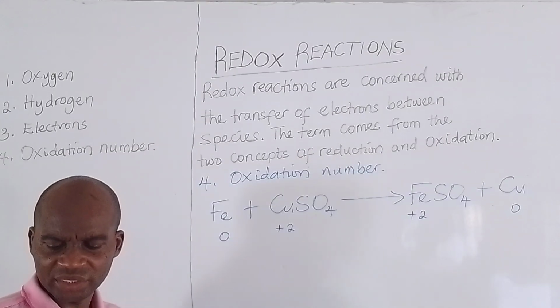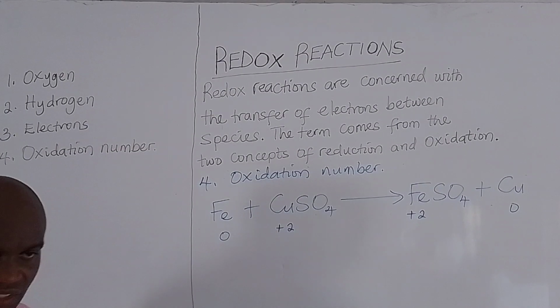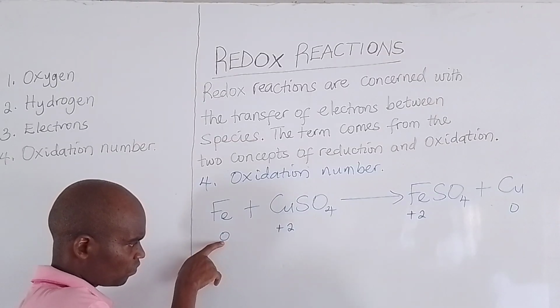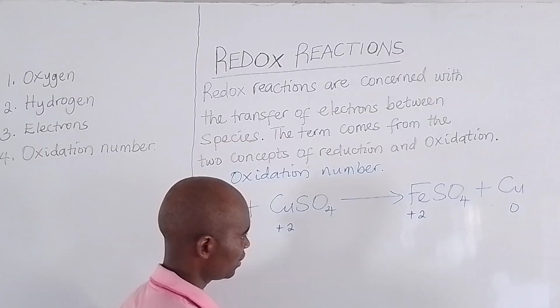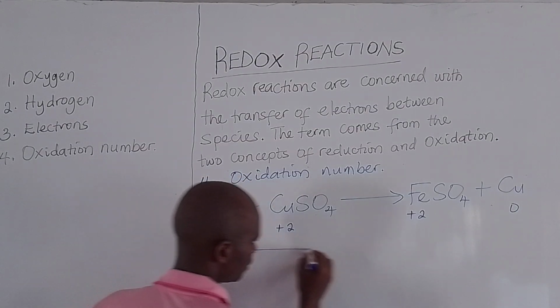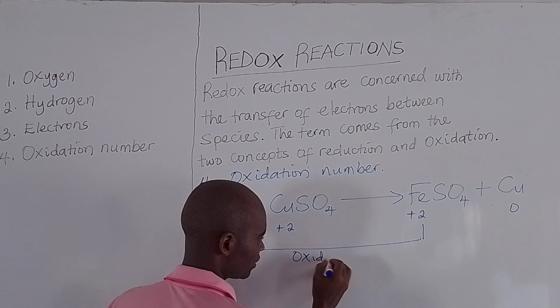Okay, so we say that oxidation is an increase in oxidation number. And if you follow iron, you see that from 0 to plus 2 indicates an increase. So from this point to this point represents oxidation.